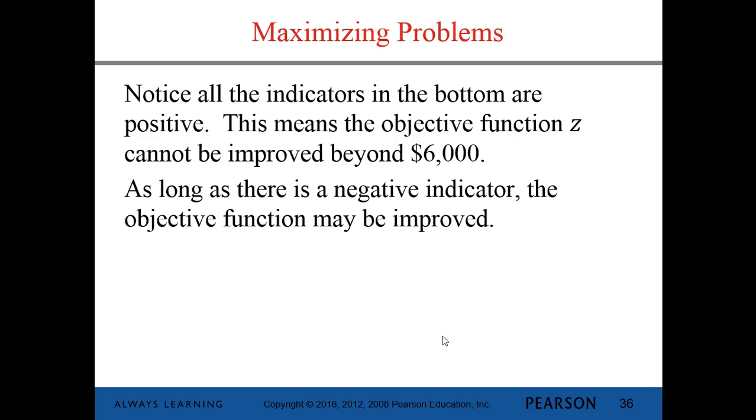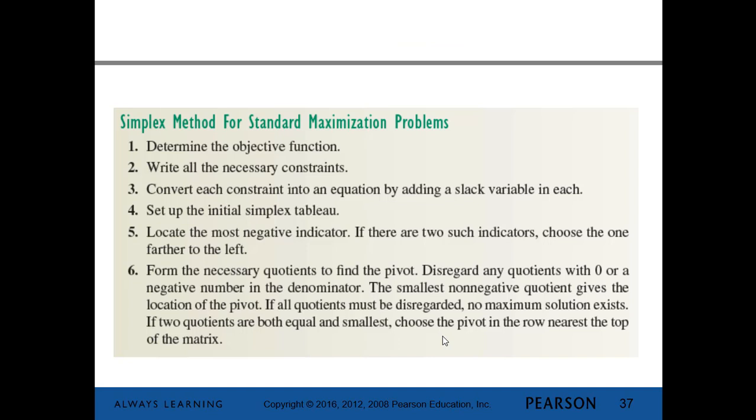And whatever value is in there is going to be the maximum, the optimized value. So here are the steps for the simplex method for the standard maximization problems. Okay. So now, 1, determine the objective function.